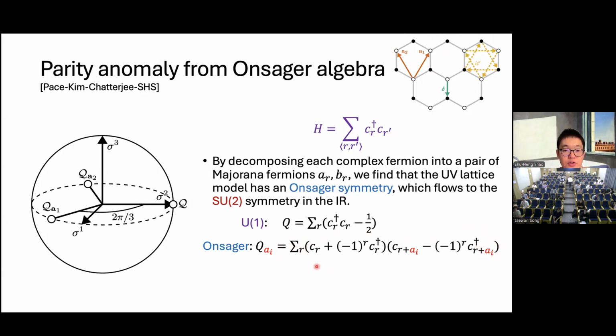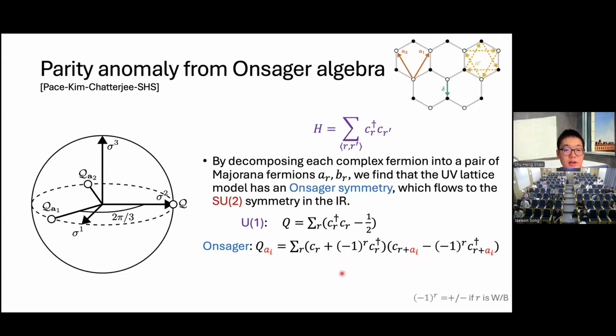They have integer eigenvalues, just like our QA in 1+1D. They commute with the Hamiltonian. The only catch is that they do not commute with Q. And as you can see, if you multiply the two terms, you will have some C C term and C dagger C dagger term.